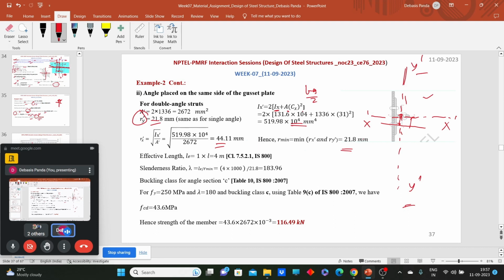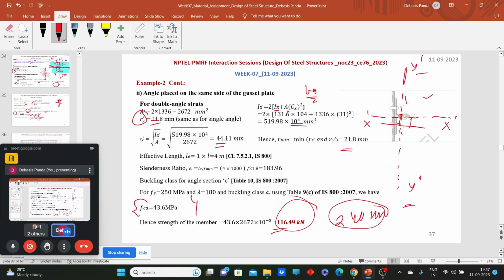If we use this and calculate the FCD value from table number 9C, we can see that the FCD value comes as 116 kilonewton. But when we used them on the opposite side, that value comes as more than 240 kilonewton, right?